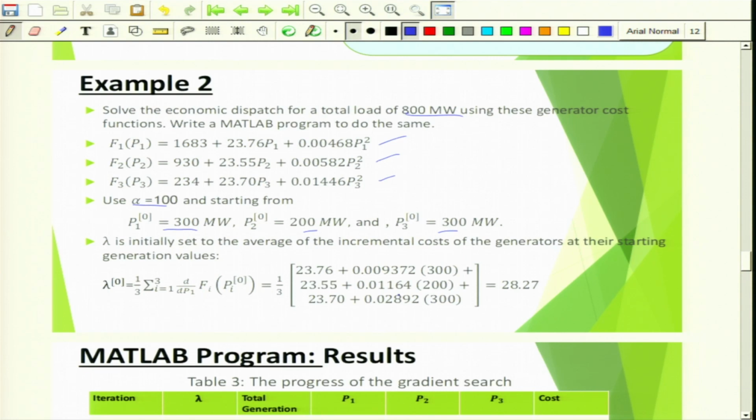All of them put together is 800 megawatt. Lambda is initially set to the average of the incremental cost of the generators at their starting generation values. Obtain lambda for each chosen value of generator, and then obtain the average, which comes out to be 28.27.